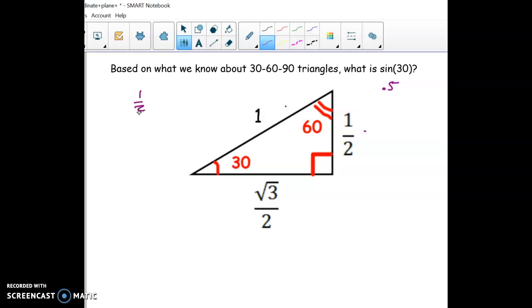So the ratio is 1/2 to 1, and that's a known ratio. It doesn't matter how big the triangle is. If it's a 30, 60, 90 triangle, the opposite is always half of the hypotenuse, opposite from the 30 angle. Obviously, the sine of 60 is different, because that has a different opposite side. So the sine of 60 will be whatever that is if you type it in your calculator, because if you do that over 1, you'll get that. So that's what we're doing with sin, cos, tan.